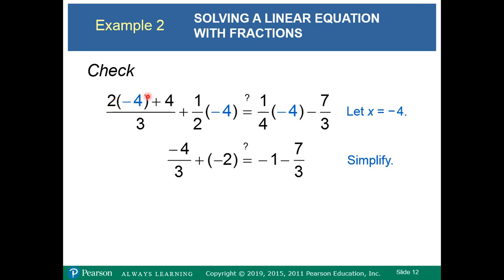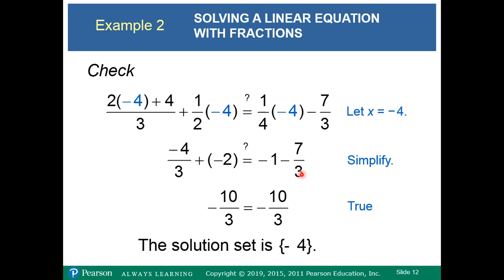We get negative 8 plus 4, which gives us negative 4 over 3. This gives us negative 4 divided by 2, which is negative 2. This gives us negative 1 minus 7/3. And we get negative 10/3 on both sides. And it's true. So the solution set is just the set of the number negative 4.